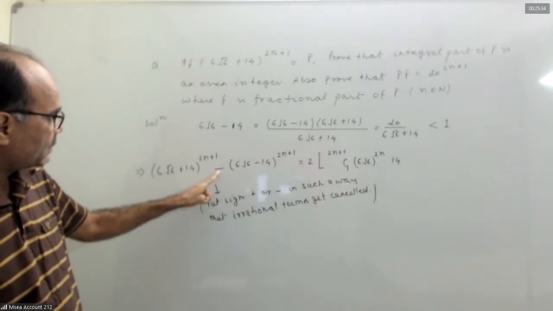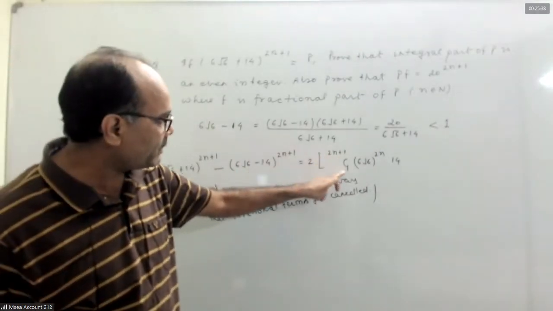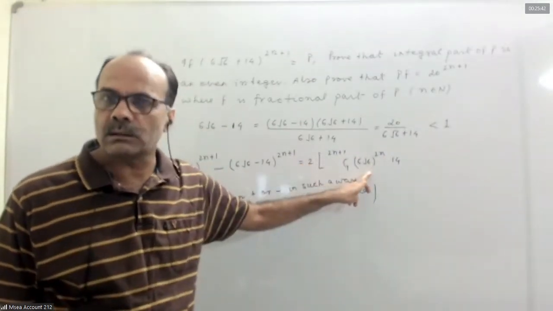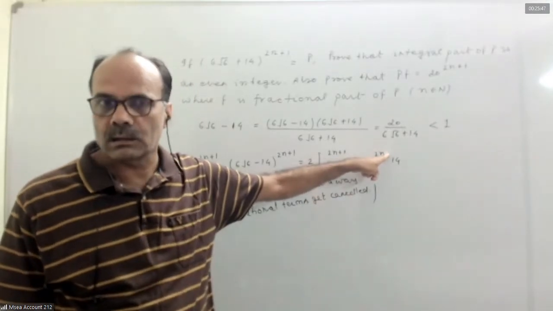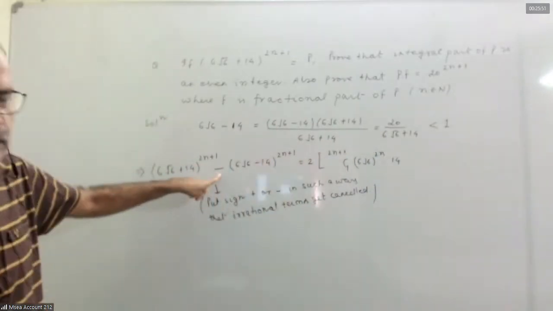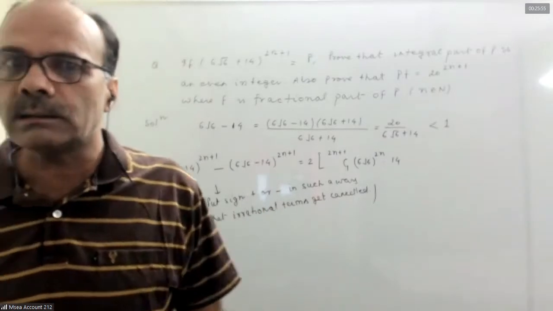If you take plus sign, the first term would have been added: 2n plus 1 C0, this to the power 2n plus 1, and this irrational number to the power odd is irrational. So you got the point why I have taken minus, keeping in mind we should not get an irrational term.